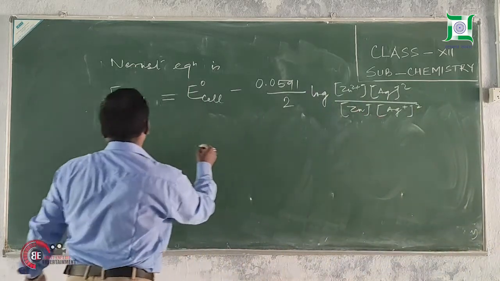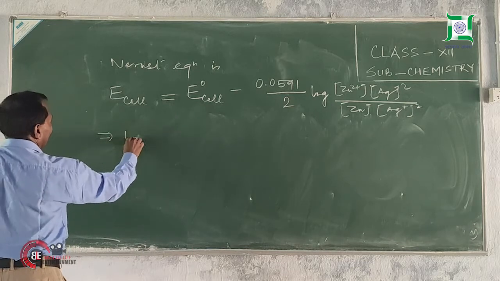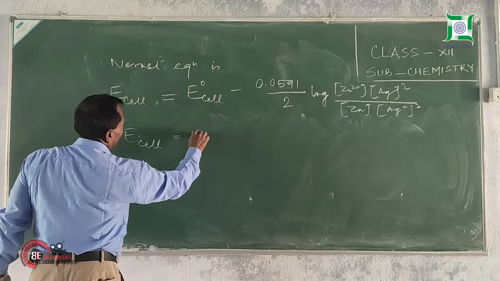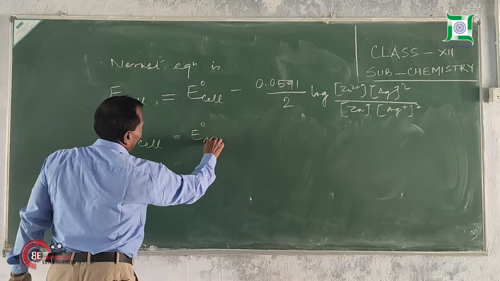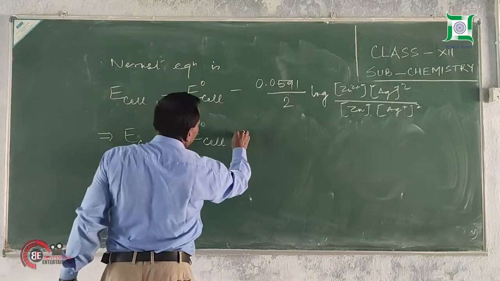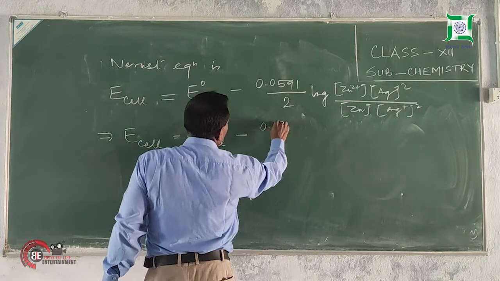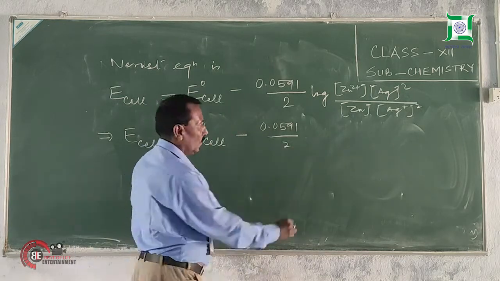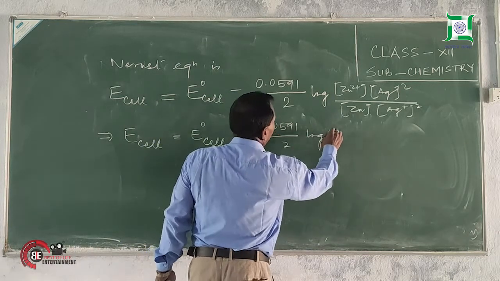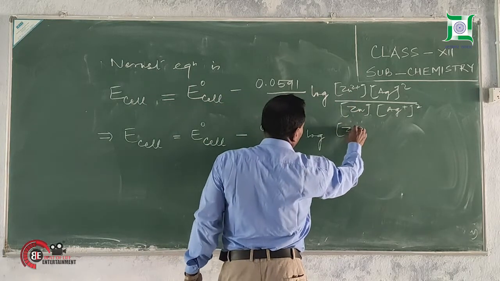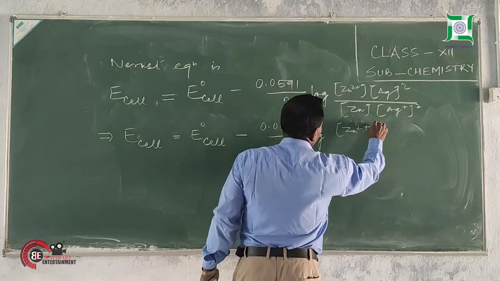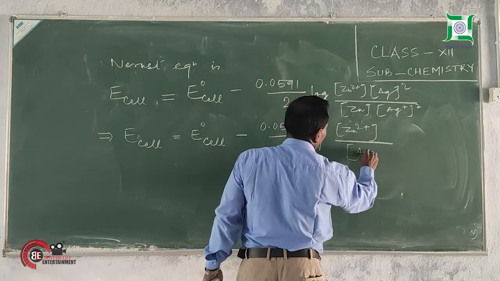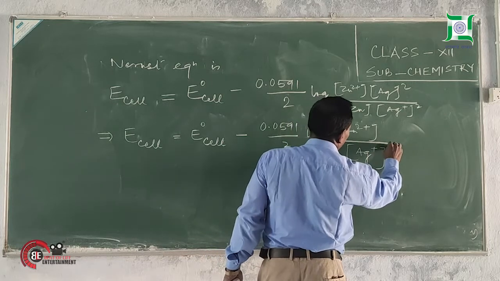Here we can write once more, E cell is equal to E naught cell minus 0.0591 by 2 log, concentration of Zn2+ divided by concentration of Ag+ raised to the power 2.